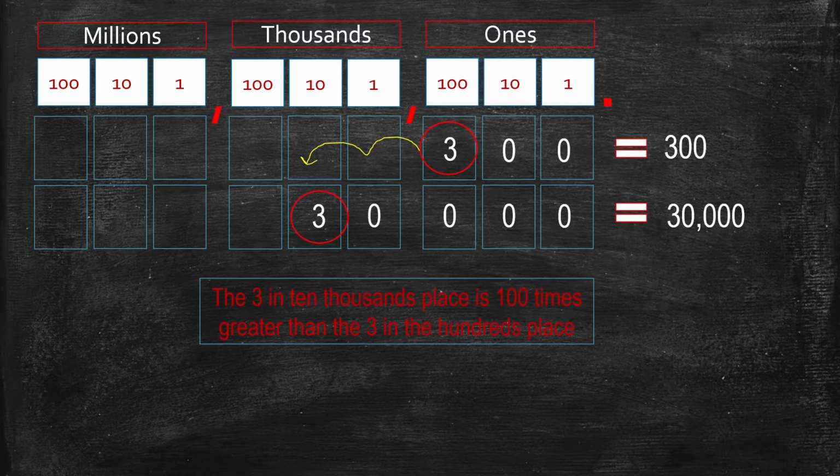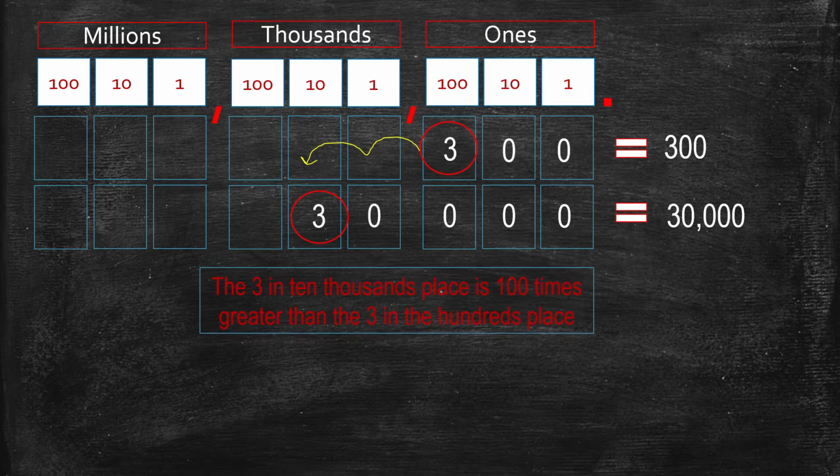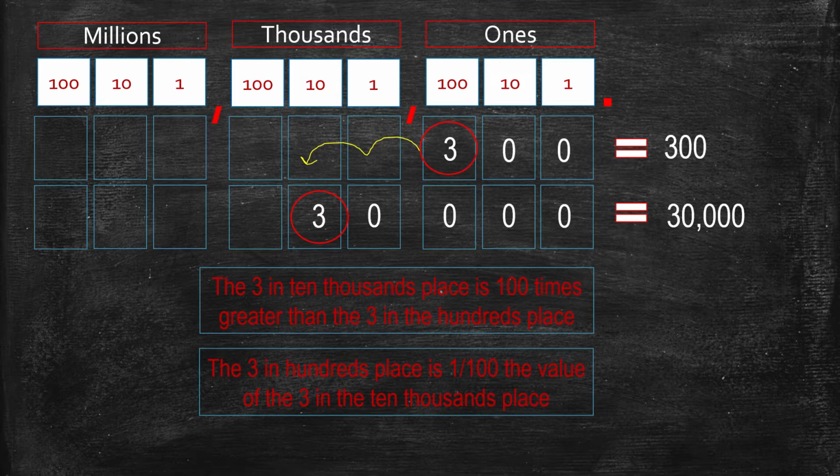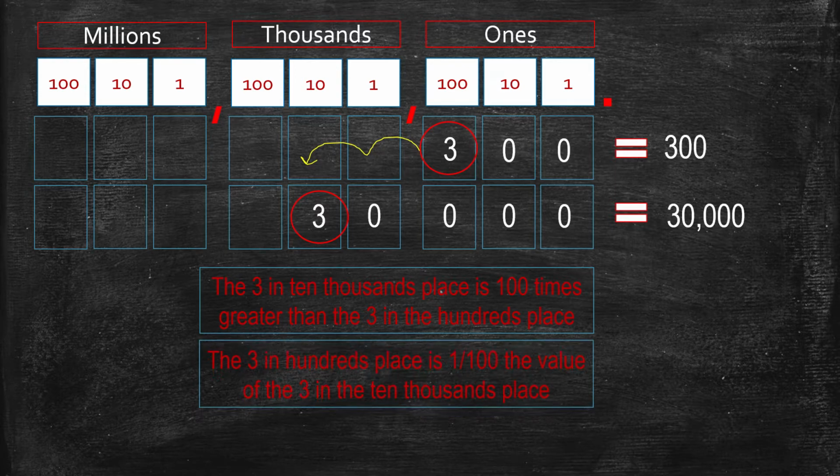So the 3 in the 10,000s place is 100 times greater than the 3 in the hundreds place. And the 3 in the hundreds place is 1/100th the value of the 3 in the 10,000s place. So every place value you have to move, that's a 0.